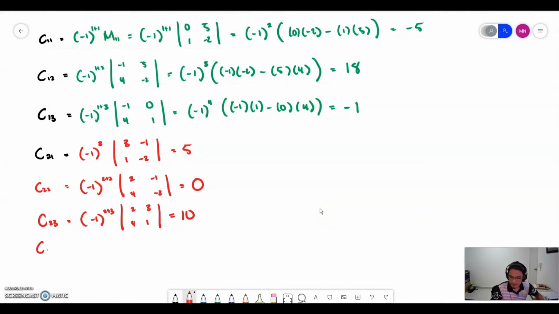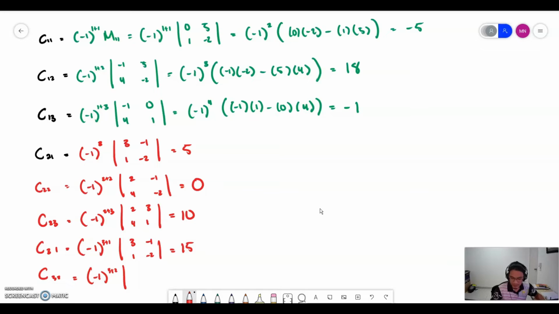C31 is negative 1 to the power of 3 plus 1, with the minor 3, negative 1, 1, negative 2, so equal to 15 as the cofactor. C32 is negative 1 to the power of 3 plus 2 multiplied with its minor.